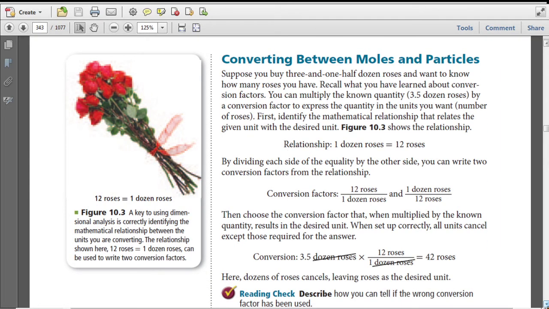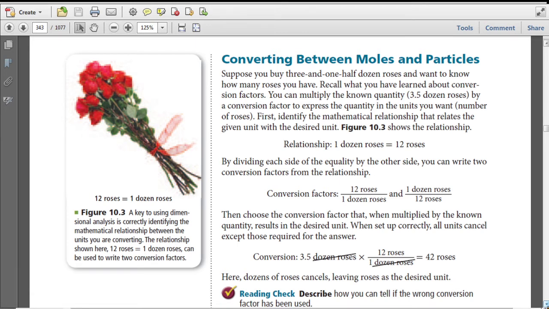Suppose you buy 3.5 dozen roses and want to know how many roses you have. Recall that you have learned about conversion factors. You can multiply the known quantity, which is 3.5 dozen roses, by a conversion factor to express the quantity in units you want, which is the number of roses.